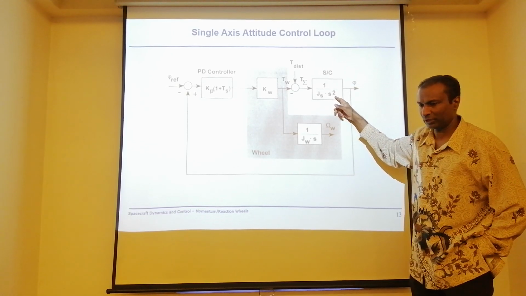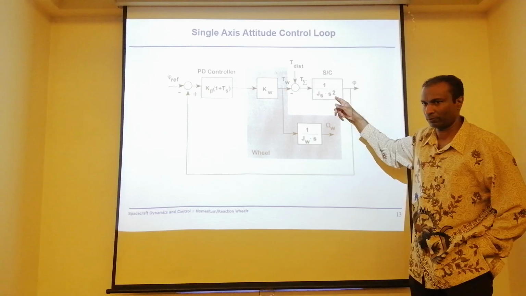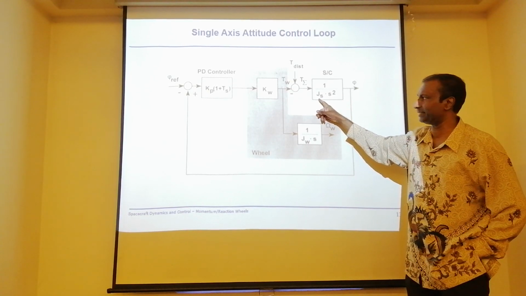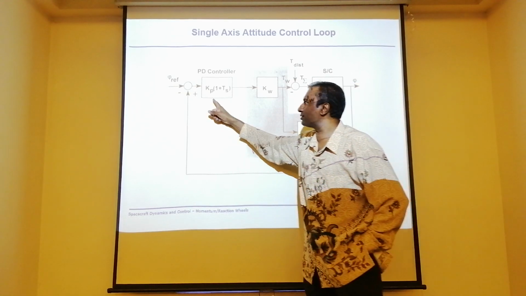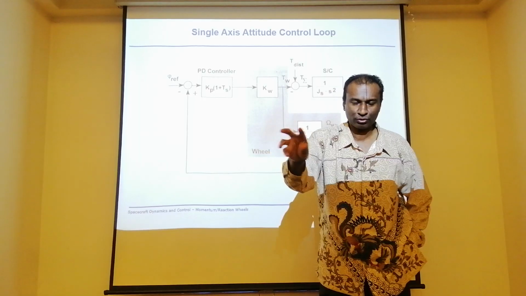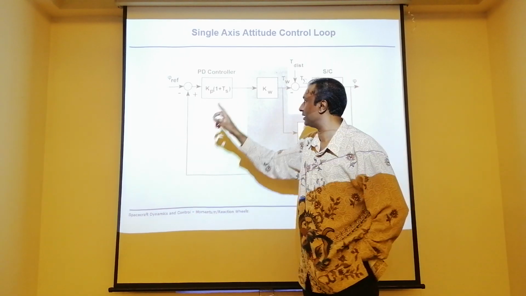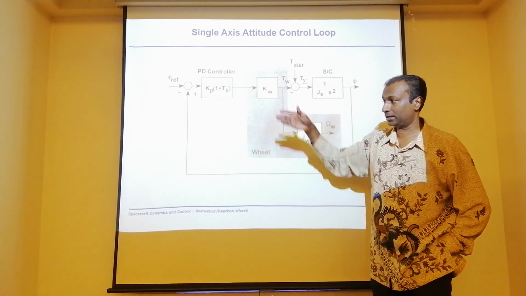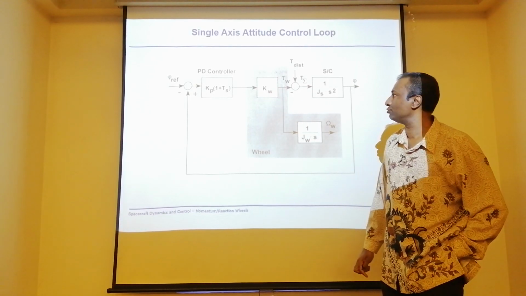Second order equation, s being the Laplace operator. This is basically the inertia of that satellite. I use a PD controller, which means I have a proportional gain and a derivative gain. KW is my wheel, the reaction wheel that you use.